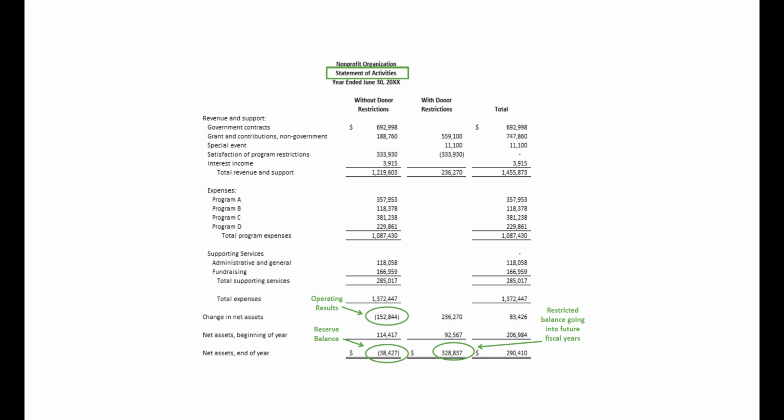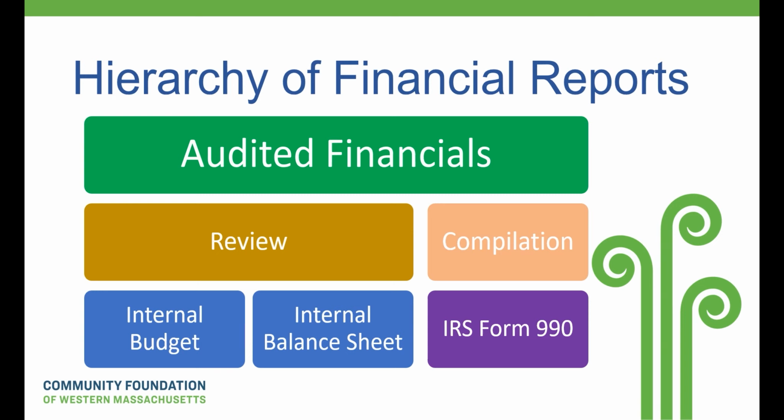So I want to talk a minute about the hierarchy of financial reports. If someone hands you a set of audited financials, you know that an auditing firm has looked at them, they've looked at the underlying transactions, and they've assessed whether these financial statements are fair, meaning they have good documentation rolling up to support them.